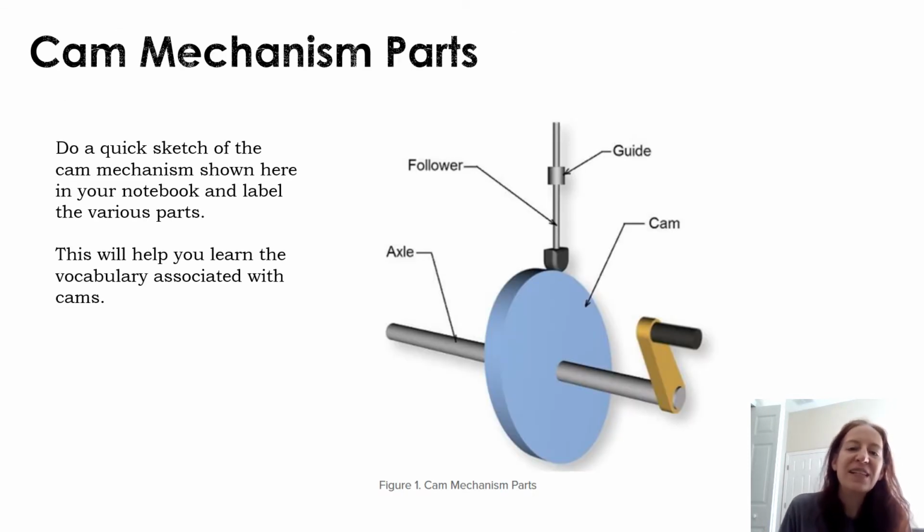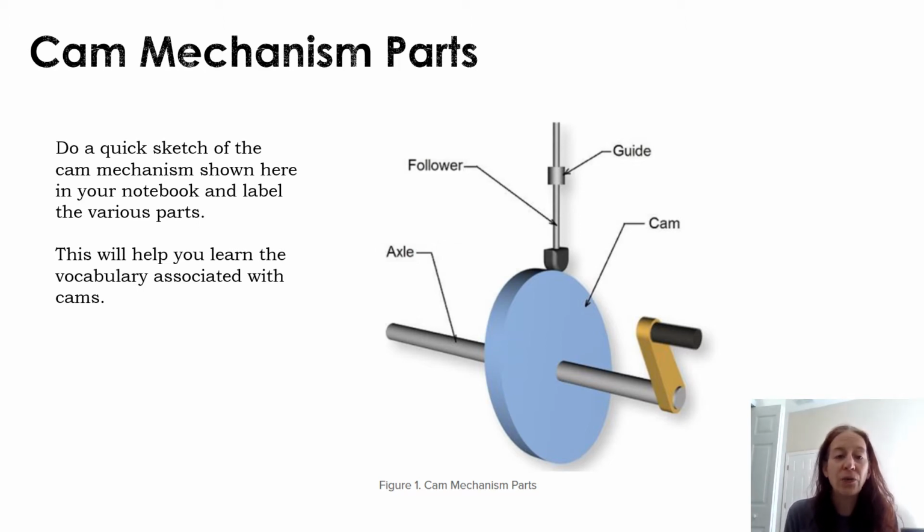All right, so one of the things that he does is he goes over the cam mechanism parts. And one of the things that I think made that first video that we watched so confusing is the woman in the video keeps tossing out this vocabulary when they haven't actually taught the vocabulary to you, which makes anything really hard to follow.